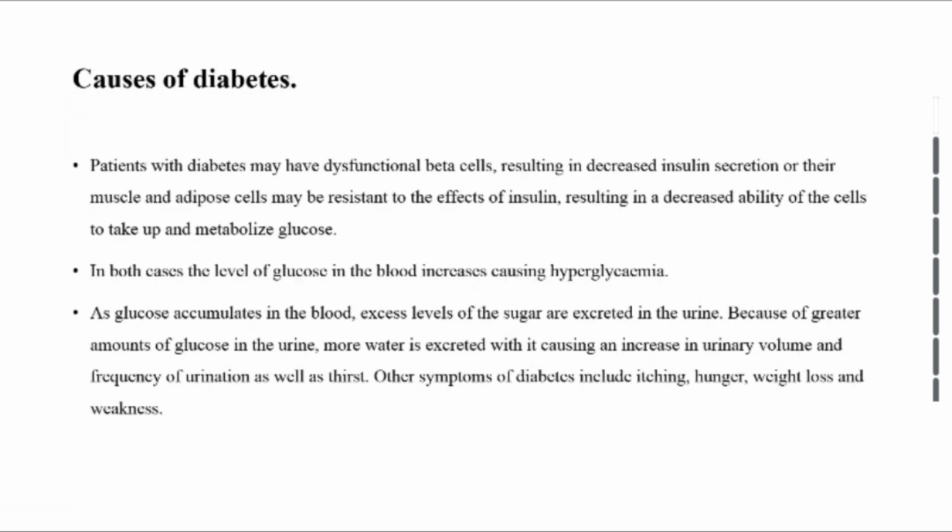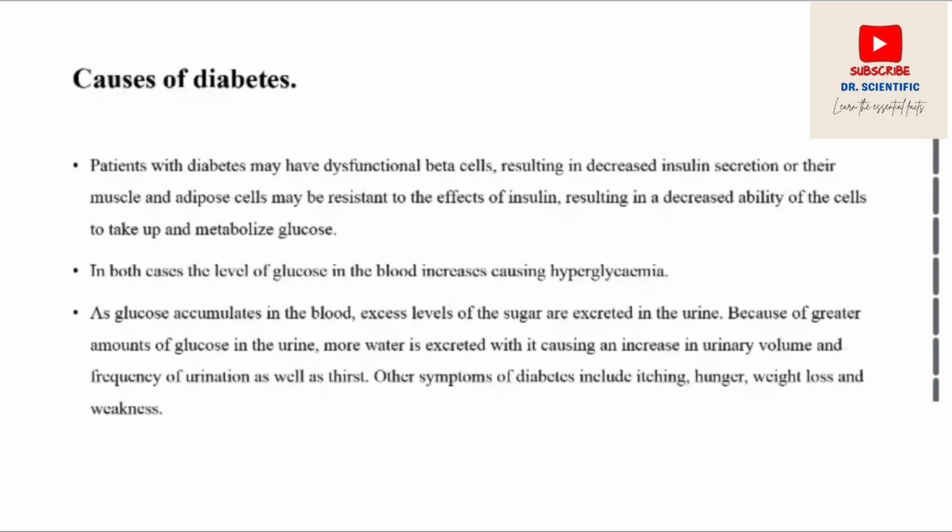Just like I have said, we have type 1 diabetes mellitus and type 2 diabetes mellitus. Type 1 results when the beta cells are destroyed and cannot produce enough insulin to control that elevated blood glucose.